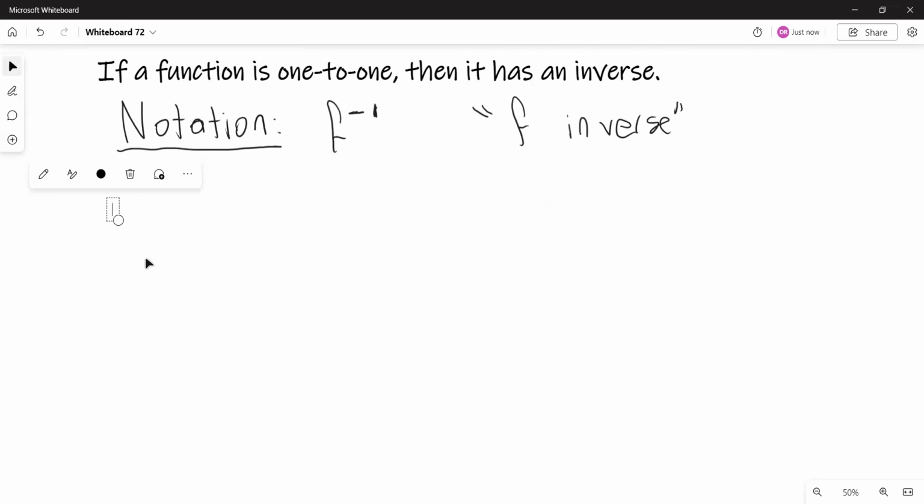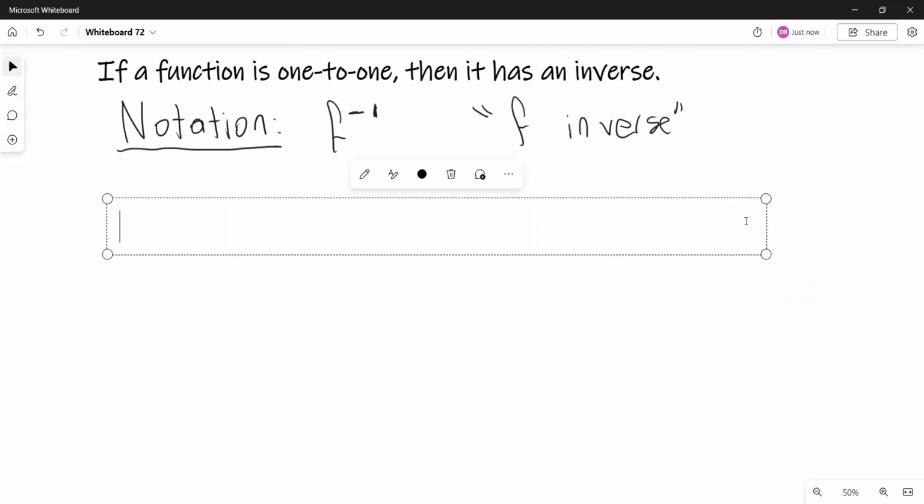And if f is one-to-one, then its inverse is obtained. So I'm going to write this by hand.